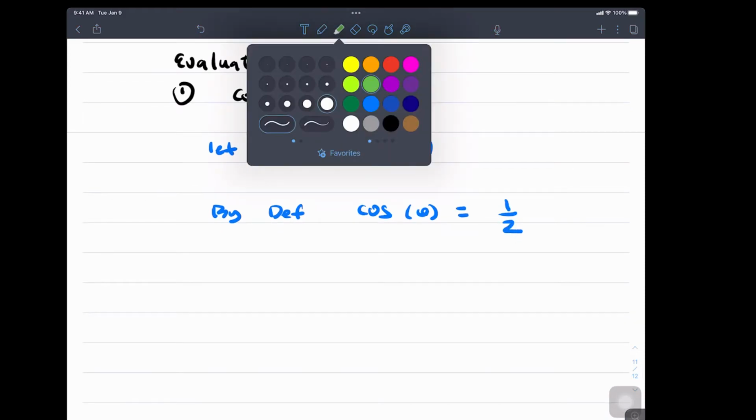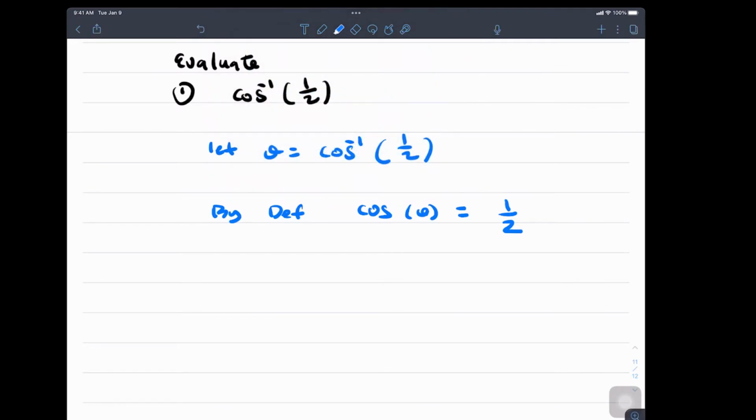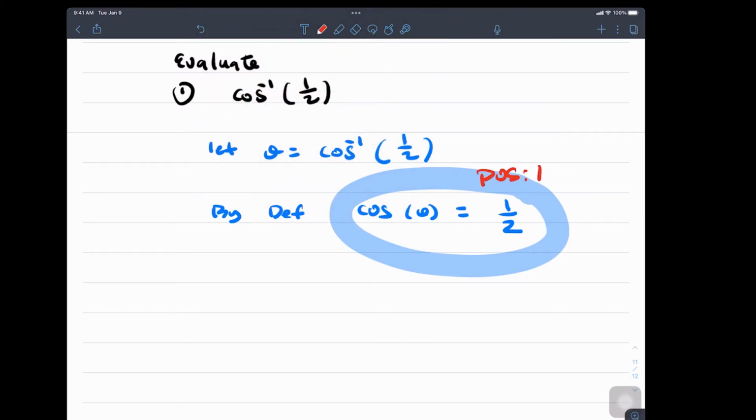Now, I want to make a big deal about this here. Okay? Here's the big deal. This is positive. Now, what that means is that theta is in quadrant 1. Okay? Because cosine is what? Is positive.